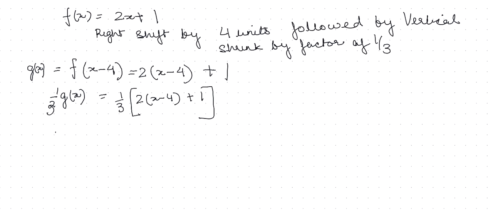So f of x is given as 2x minus 1, and it is translated 3 units right and 1 unit down.